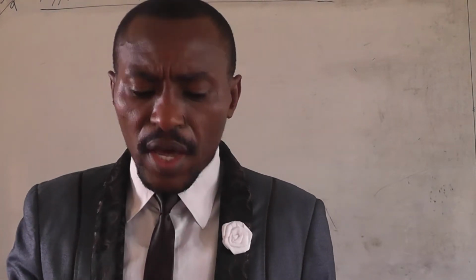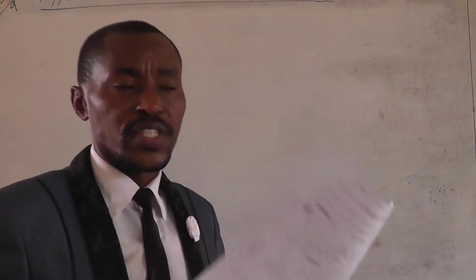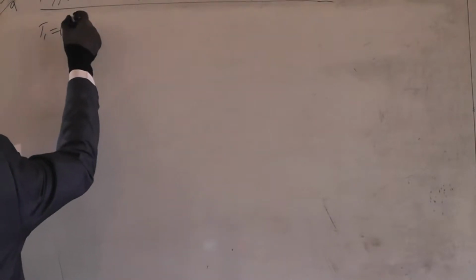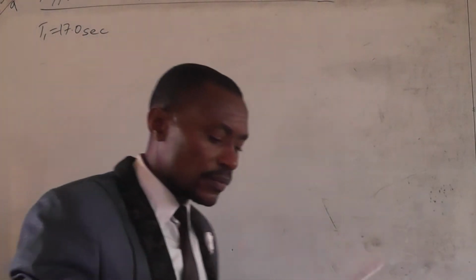Now, the assignment question in tutorial 8 reads: a simple pendulum has a period of 17.0 seconds. That is T1, period 1, 17.0 seconds.